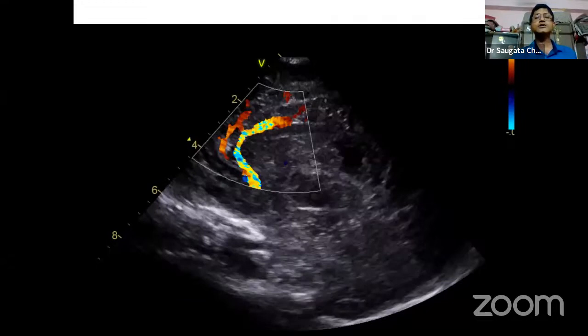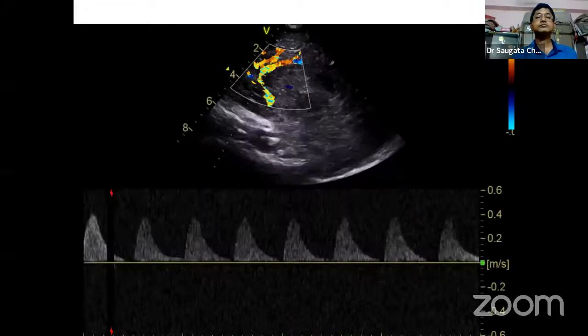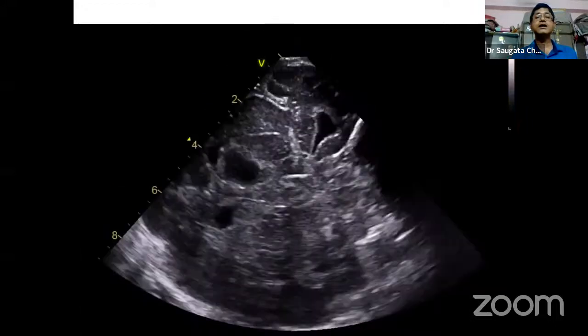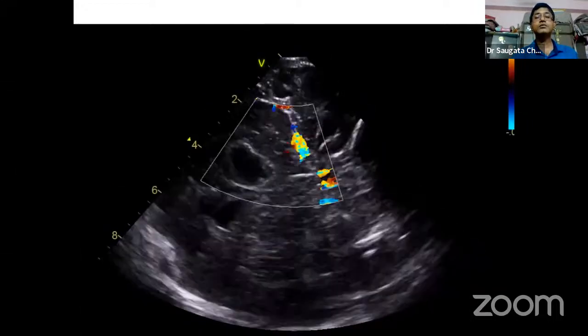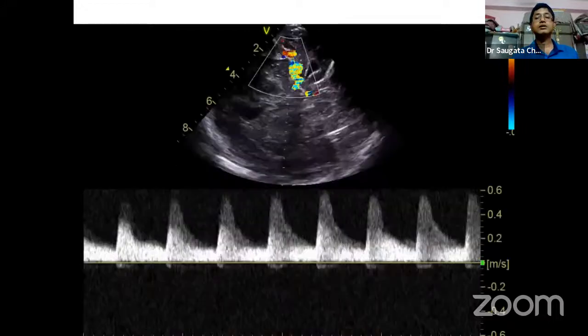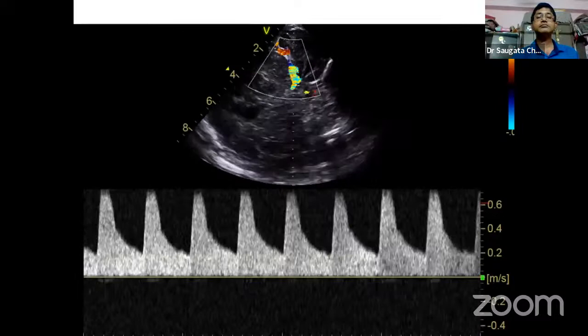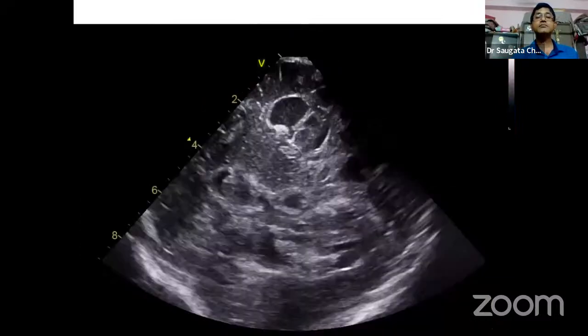This is the anterior cerebral artery. This is the axial view. In the axial view, you can see the MCA artery. It is the PCA. And this is called the cerebellar view.